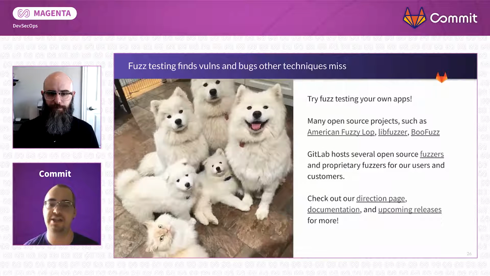We encourage you to check out additional resources we have, such as our product direction page, where we talk more about how we view fuzz testing and the problems we want to solve with it, our product documentation to show you more detail about what I walked through in our demo, and also take a look at our upcoming release pages. We've got a lot coming in the fuzz testing space, and we would love to have you use it, give us feedback, and start finding bugs and vulnerabilities in your applications.